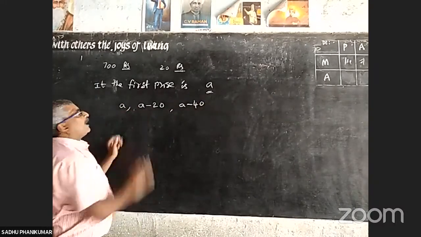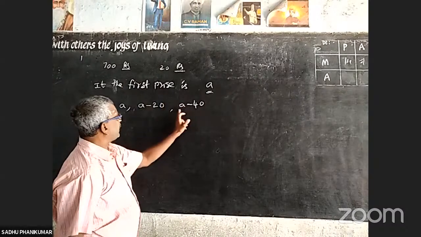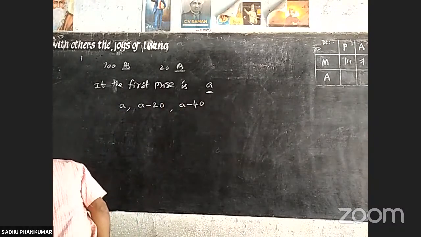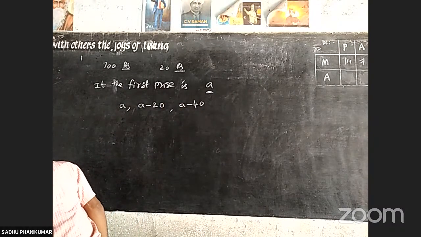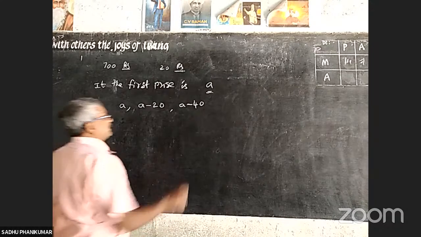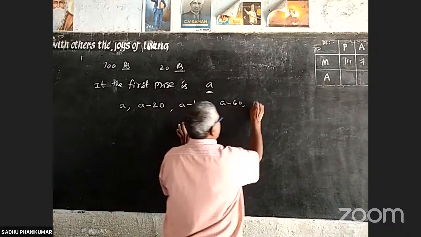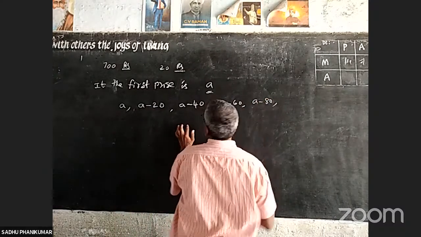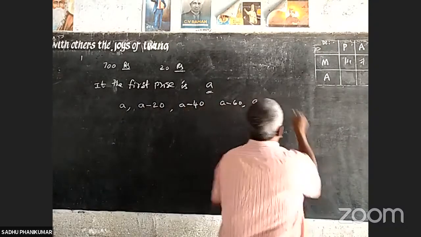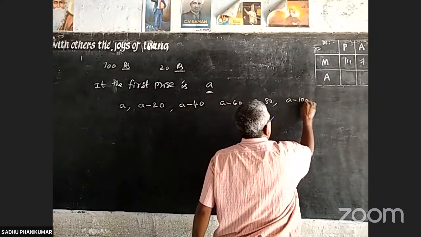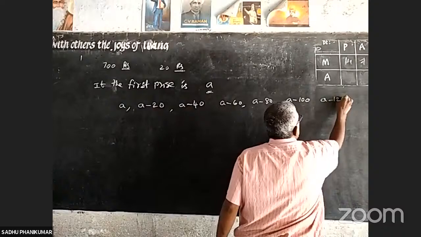How many prizes are there in total? 7 cash prizes. A minus 60, A minus 80, A minus 100, A minus 120.